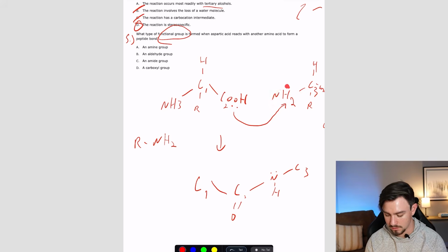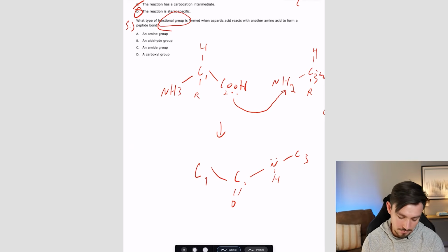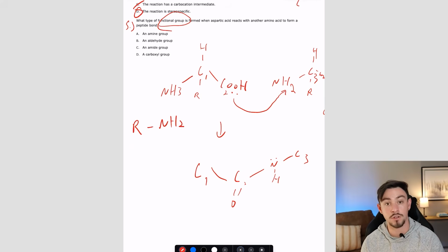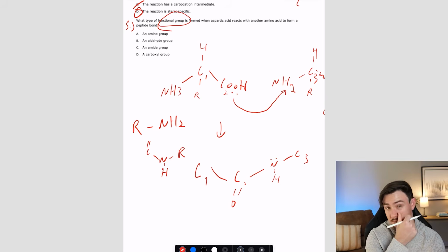It's this NH2, attached to some other random group. So the structure of an amine is going to be an R group attached to an NH2, and the structure of an amide is going to be two R groups surrounding an NH, essentially. And an amide is going to be a nitrogen group attached to an R group attached to C double bond O. So almost some kind of aldehyde type deal.